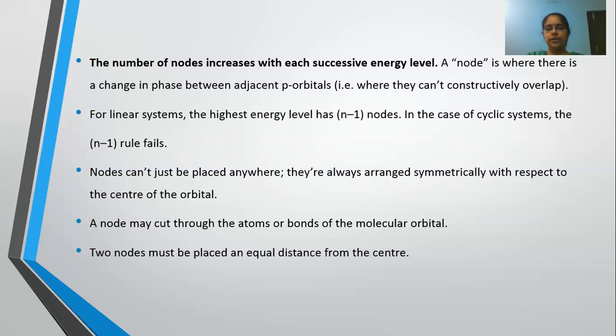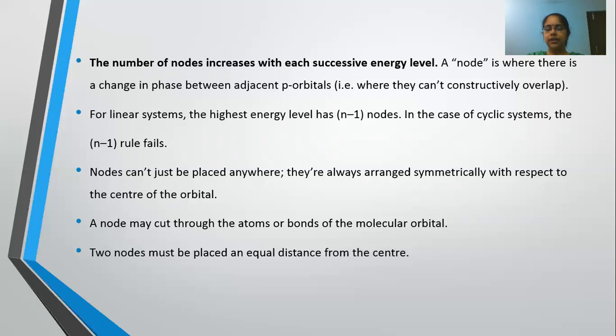So the lowest energy molecular orbital will not contain any nodes, and it contains the p orbitals with the same faces arranged on the same side, whereas the highest energy molecular orbital will have the maximum number of nodes with p orbitals having faces in alternate arrangement.